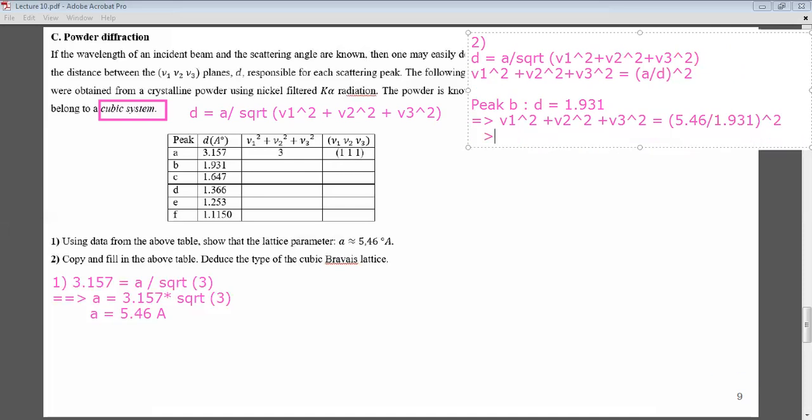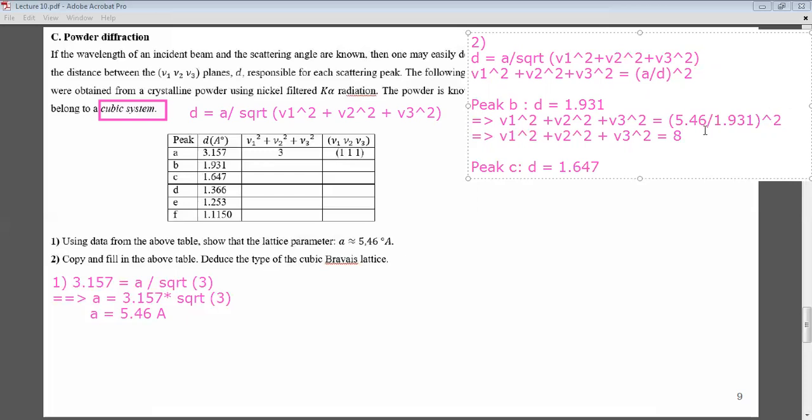So we get V1 square plus V2 square plus V3 square equal to 8. Okay, peak C, we have D equal 1.647.